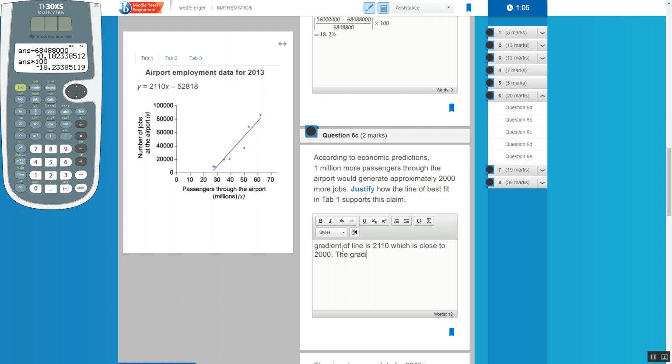The gradient or slope is increasing at a constant rate.